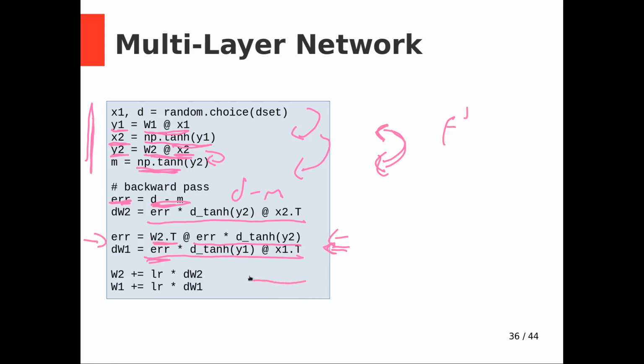Notice that we actually apply those weight updates after we compute them, right? So we compute the deltas, the updates for the top weight layer, then we compute the deltas for the bottom weight layer, and after we've computed and stored them, we apply both of them at the same time.